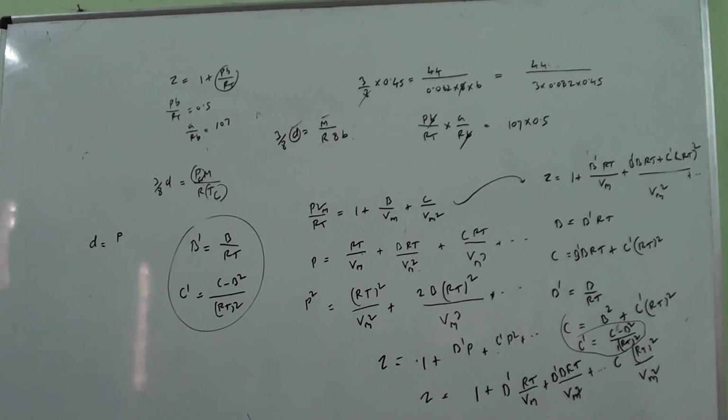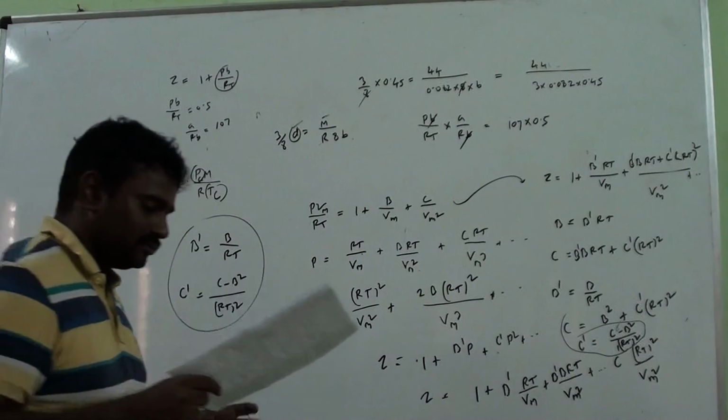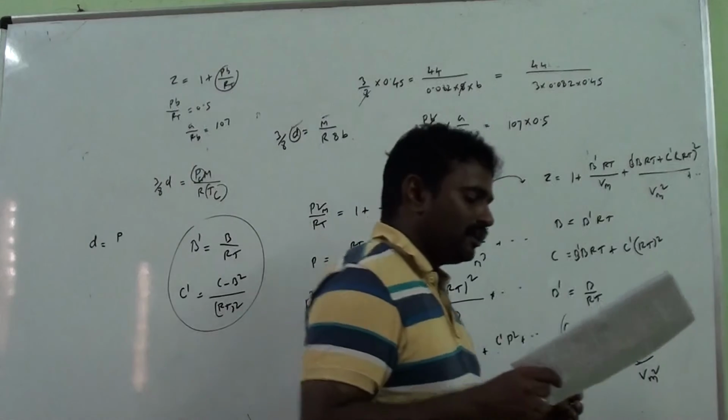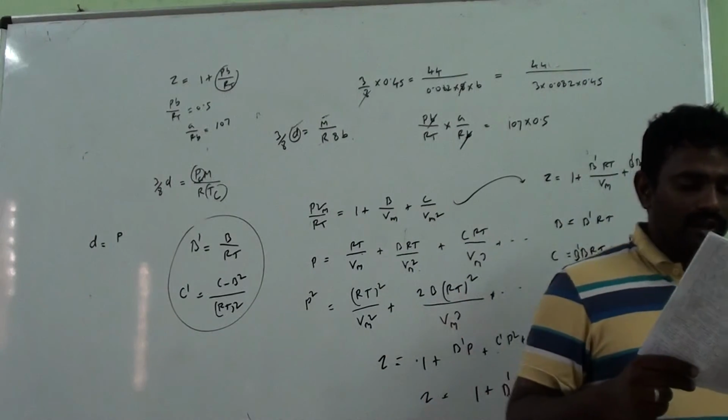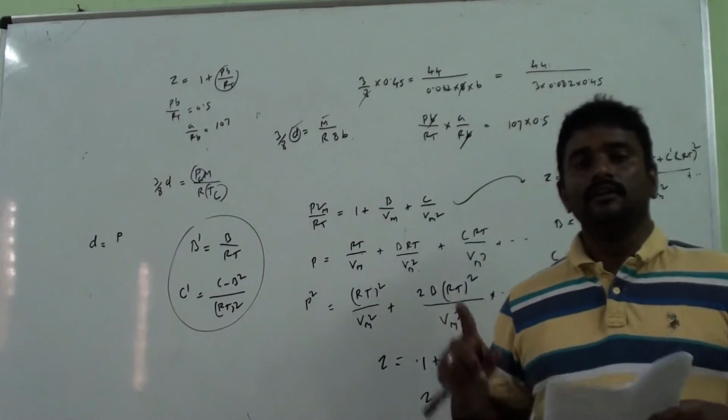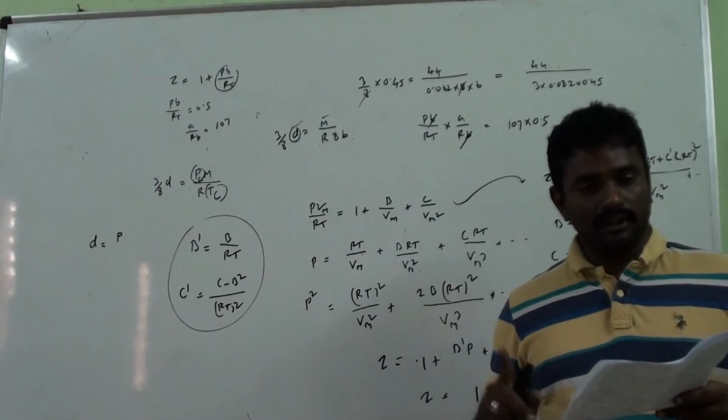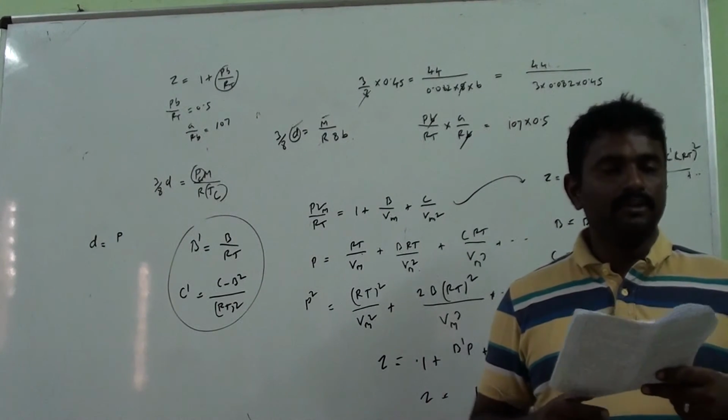Question 35: calculate the pressure of 1 mole of ammonia gas in a 100 ml vessel. Do you have to find A and B? They have given the second and third virial coefficients, B minus A by RT, and the third coefficient B square.